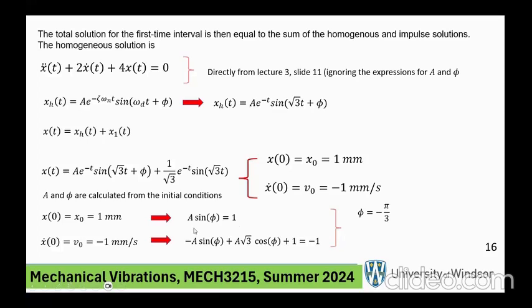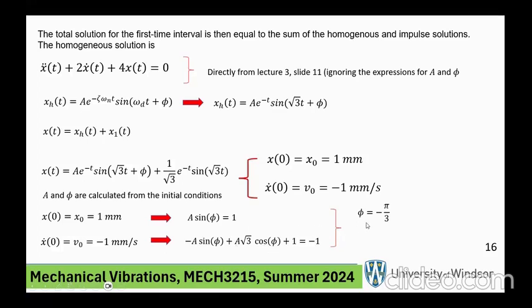You plug it in here, you're going to get tangent of phi equal to something, and that'll give you the value of phi. If you just replace this thing with 1, that's fine, but then we also have A here. So it's better if you find A out of this, plug it in there, and solve for tangent of phi, and you know what the value of phi is.